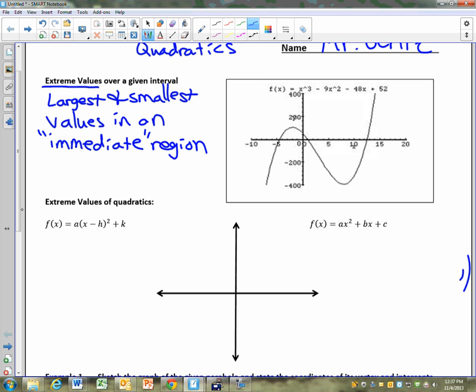A lot of times you call the extreme values the maximums or the minimums. So is this area right there a maximum or a minimum? It is a maximum.